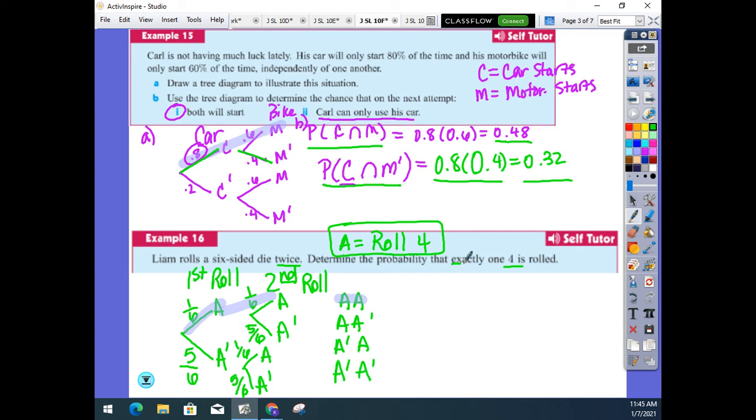So exactly one 4 is this one, because I have exactly one here, and this one.